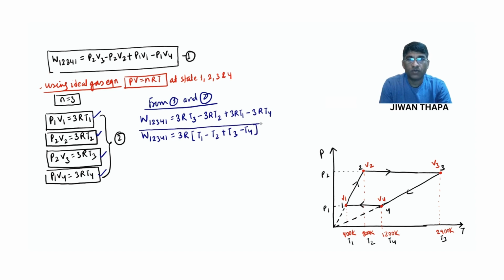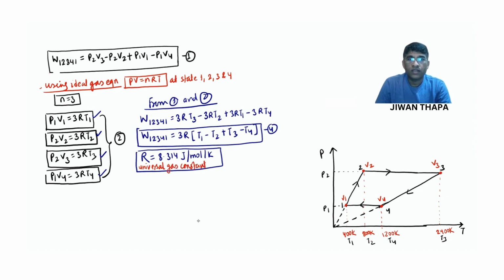Let us call it equation 4, and we know R equals 8.314 joule per mole per Kelvin, and it is called the universal gas constant.